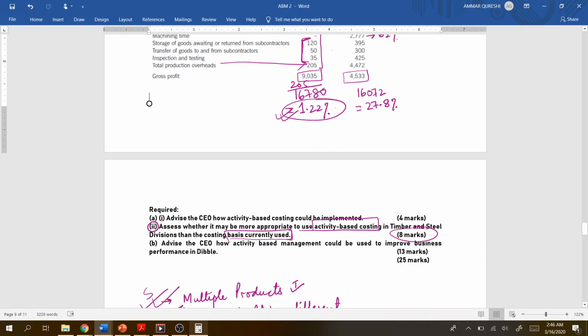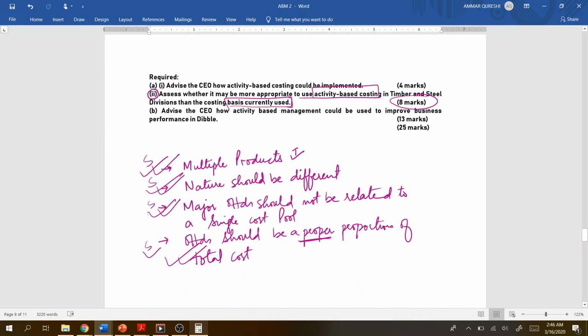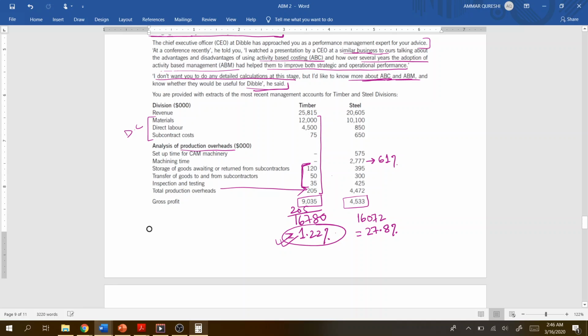Now why haven't we checked this third requirement in timber? Because total overheads are just 1.22%, right? That means the major, more important requirement has not been met. So it's of little use to consider this part.